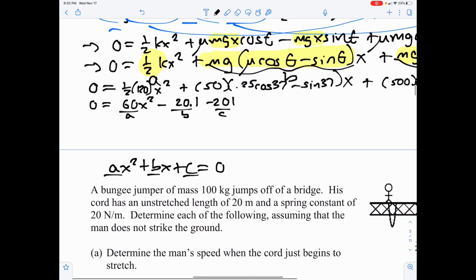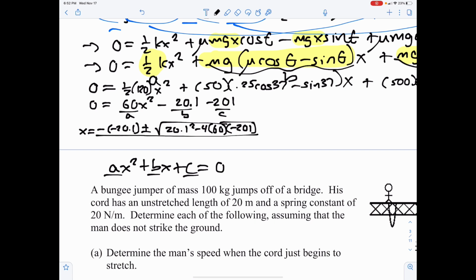Throw it into the quadratic formula. The quadratic formula says x is equal to negative times negative 20.1 plus or minus the square root of 20.1 squared minus 4 times A, which is 60, times C, which is negative 201, all over 2 times 60.